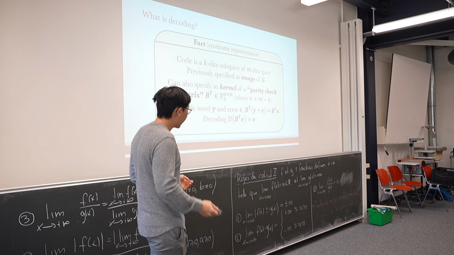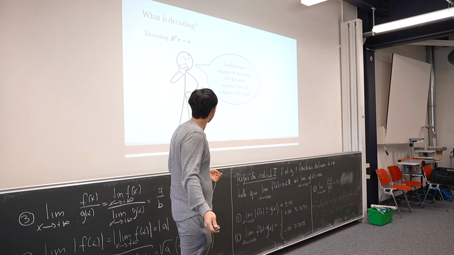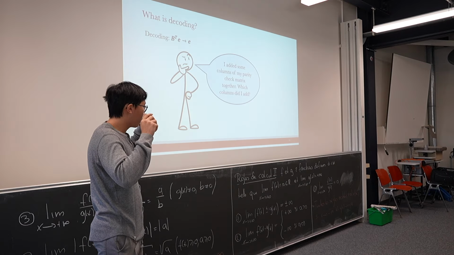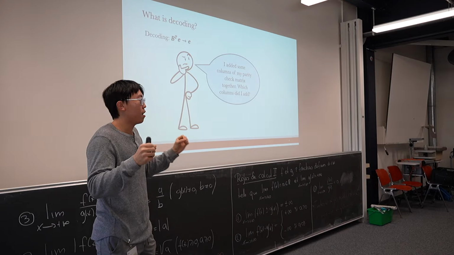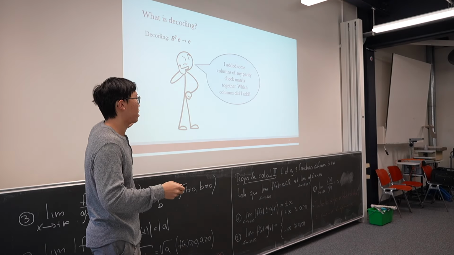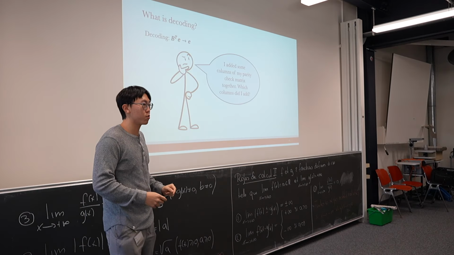All right, now that we have our notation set up, let me give you a nice sort of viewpoint of what decoding can look like in terms purely of this parity check picture. If all of that stuff sounds like nonsense to you, let's just take this as a mathematical definition.